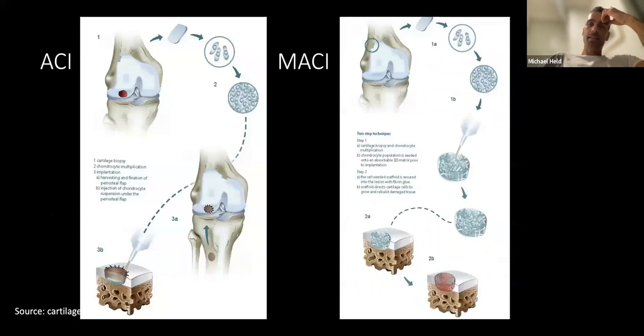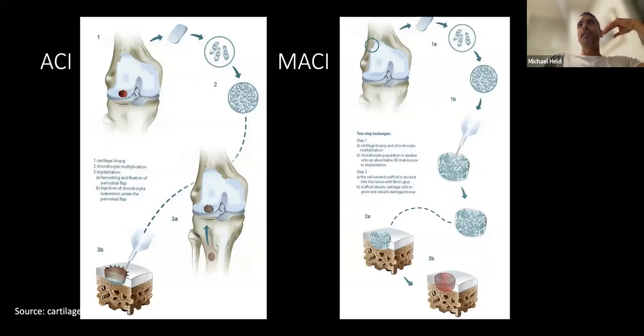And then these cells can also be put into a matrix, and that matrix is a little bit easier to put into a defect. It can be put onto a cartilage defect and has similar properties to the ACI, except the handling is a little bit easier. Now, with the ACI and MACI, the main thing is that the quality of the cells is determined by the laboratory that grows them, and they have to show certain quality markers like the cell count.